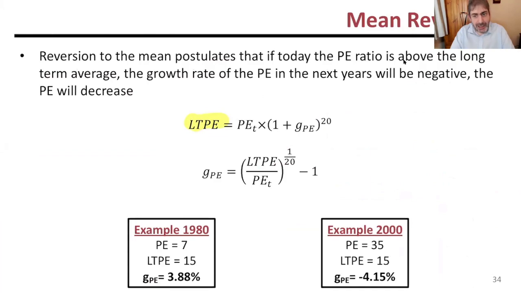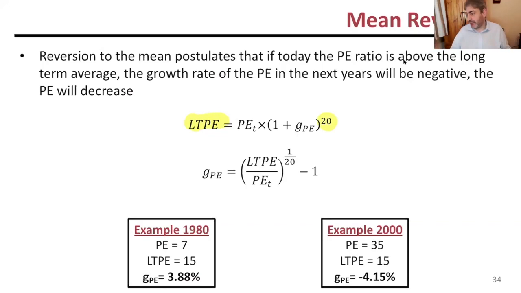Then we are going to assume that from today, we will go back to the long-term average over the next 20 years. This is called a 20-year mean reversion. So we take the long-term average price earning, and assume that we go back there over the next 20 years.